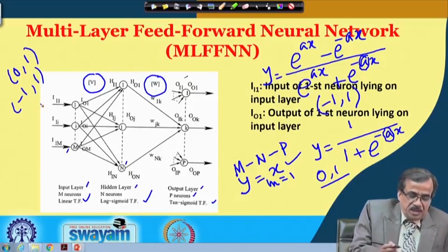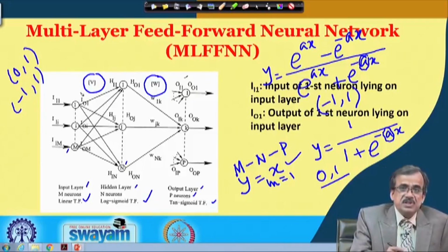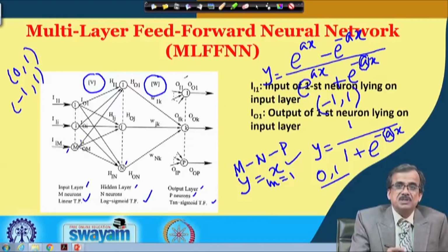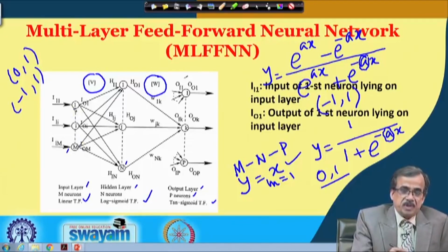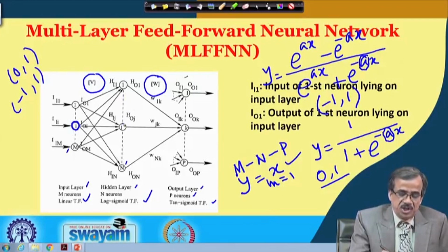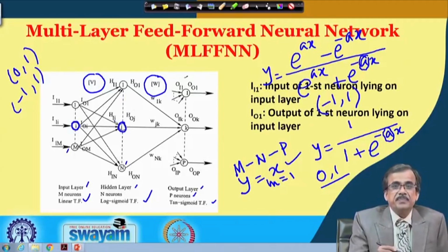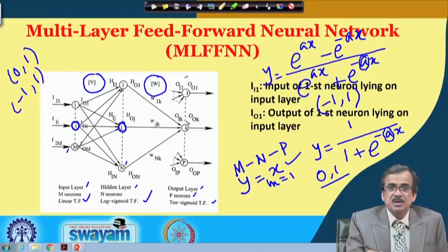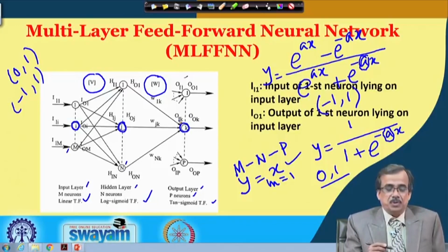Now, as I mentioned, there are m inputs, and on the input layer we have m number of neurons. Let me concentrate on a particular neuron lying on the input layer, say the ith neuron, a particular neuron lying in the hidden layer, the jth neuron, and a particular neuron lying on the output layer, say the kth neuron.